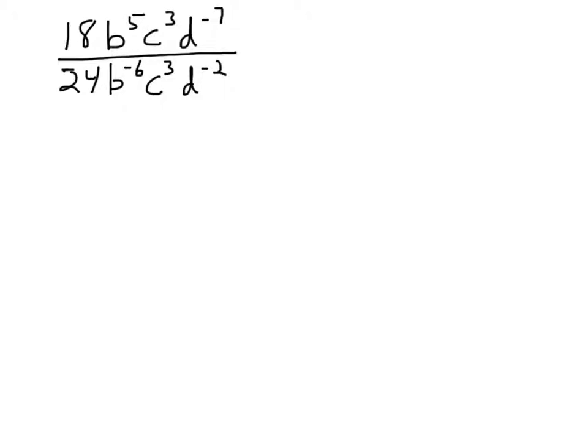For example, this d to the negative 7th power, if we bring that down to the bottom, that will become d to the positive 7th power. And with the ones that are already in the bottom, this d to the negative 2, we'll want to bring that up to the top and make it d to the positive 2. And this b to the negative 6th, we're going to want to bring that up to the top and make it b to the positive 6th.